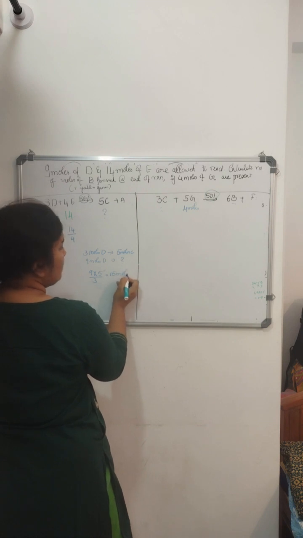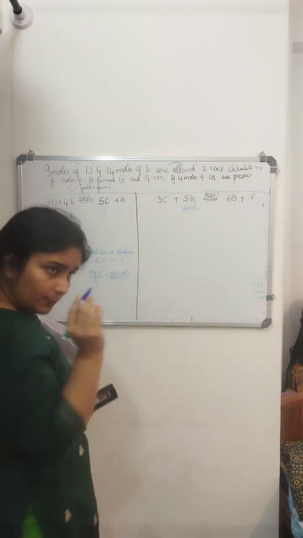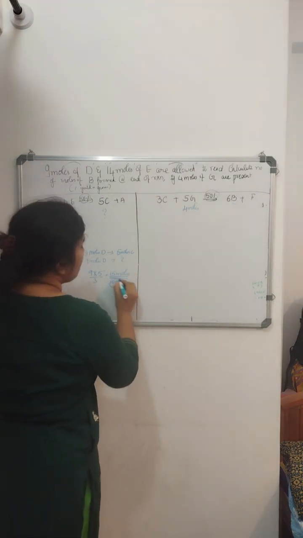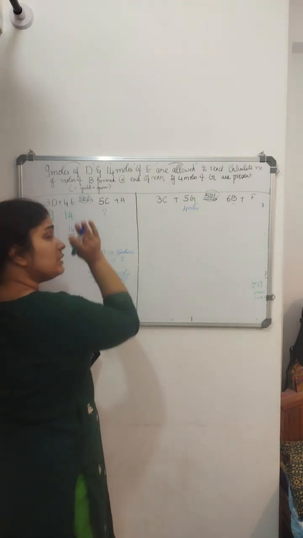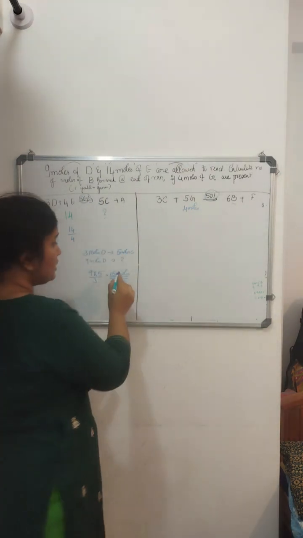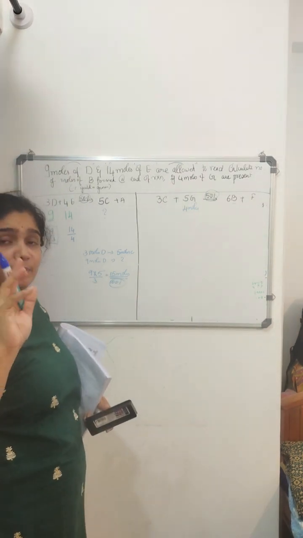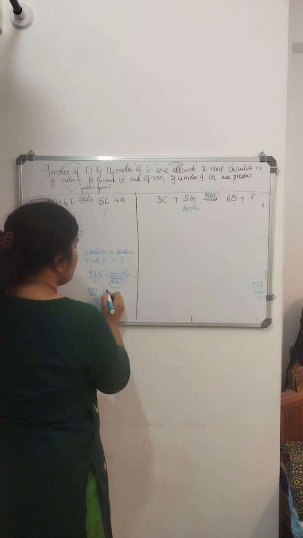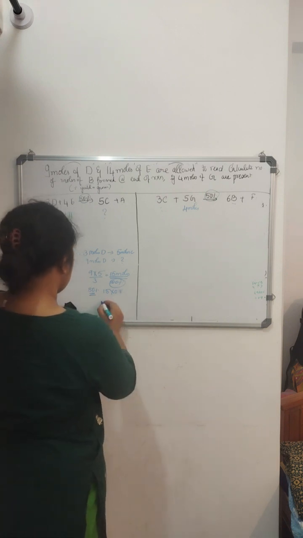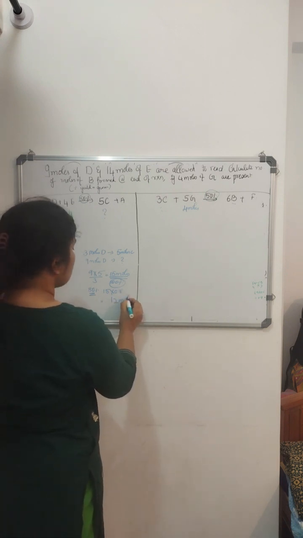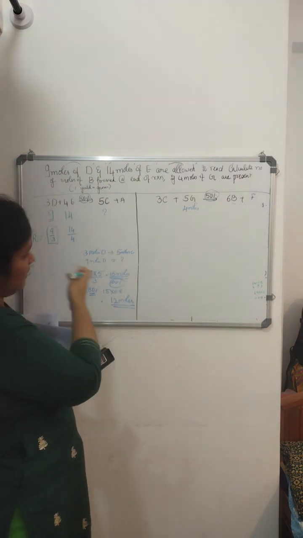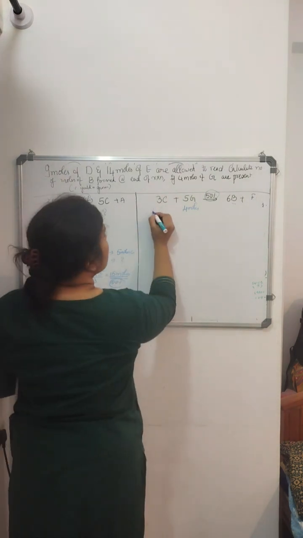Now see properly, 15 moles is obtained when the yield is 100%. But what is told in the question? The yield is only 80% for this reaction. So with 80% yield, it is 15 into 0.8, which becomes 12 moles. So 12 moles of C is obtained in this step.